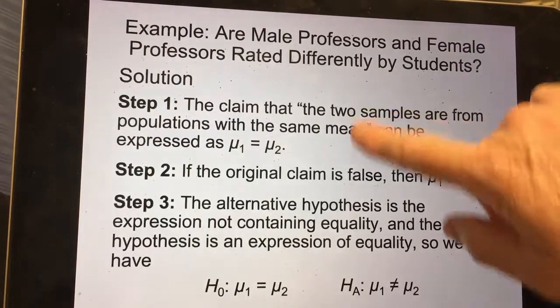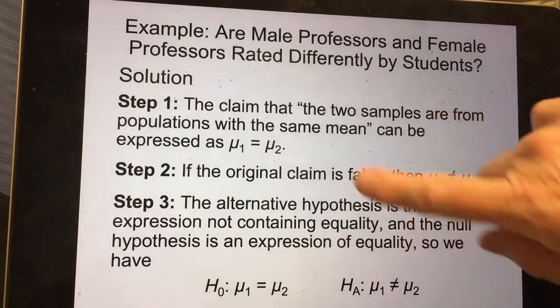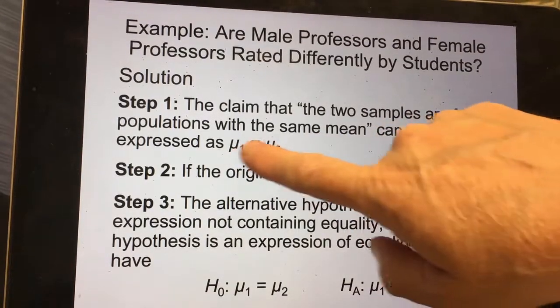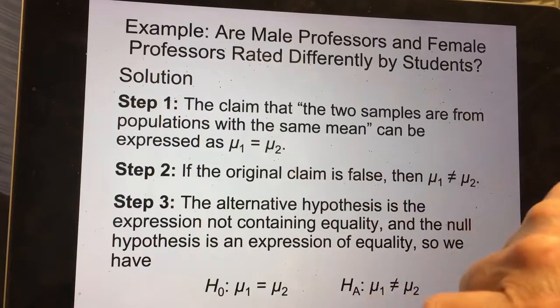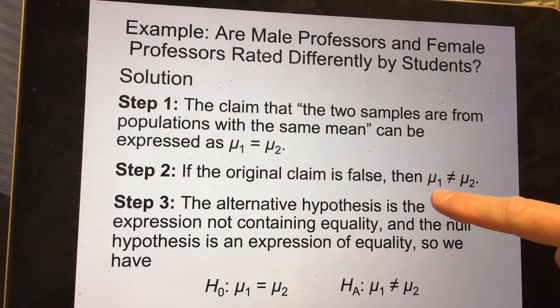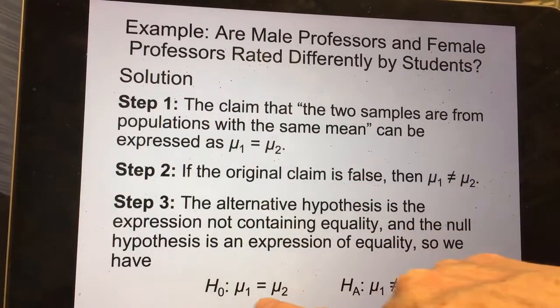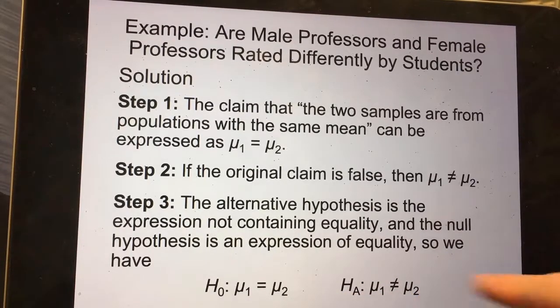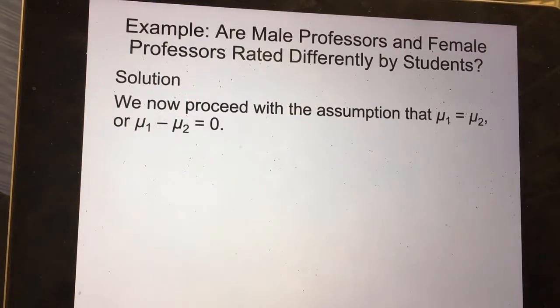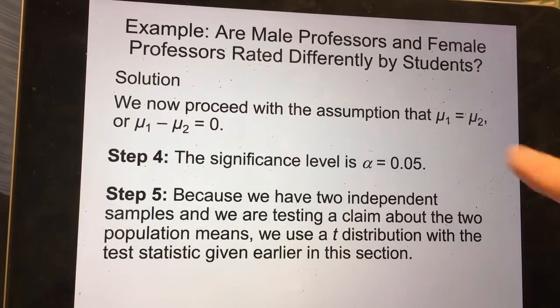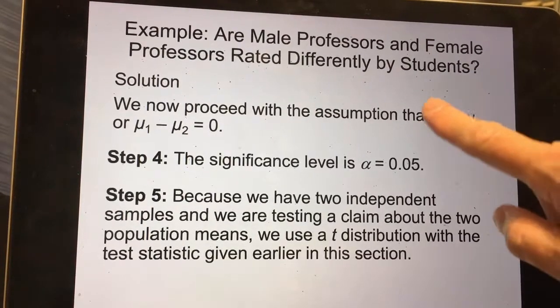All right, so here we're starting to set up our problem, and we're assuming the claim is that the two means are the same. This is our null hypothesis, and so we state our H sub 0 and we state our H sub A, and now we proceed using this assumption.